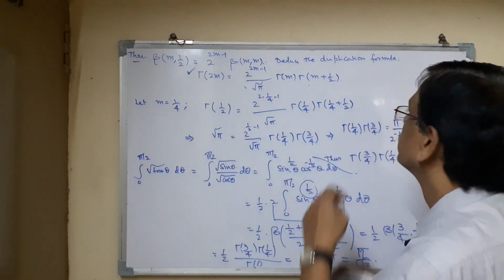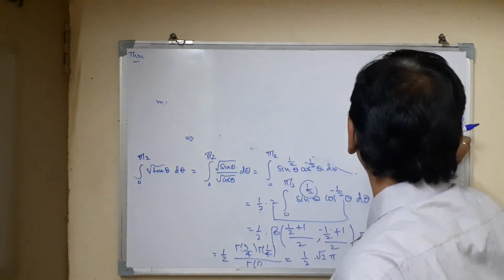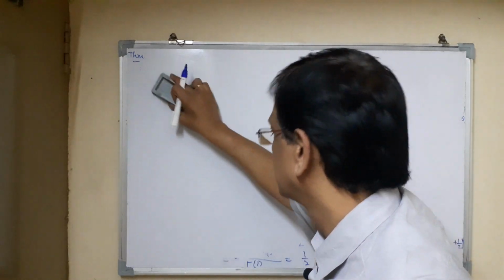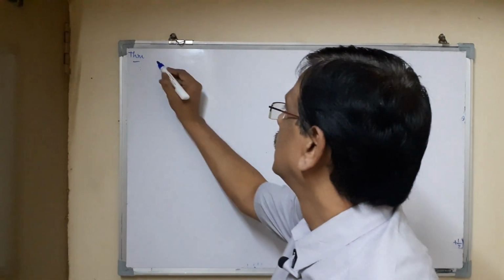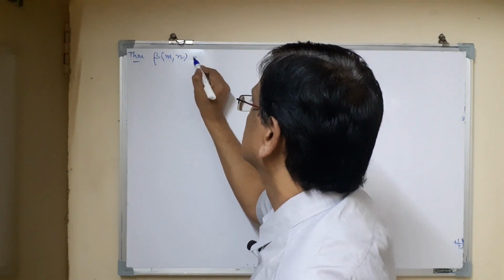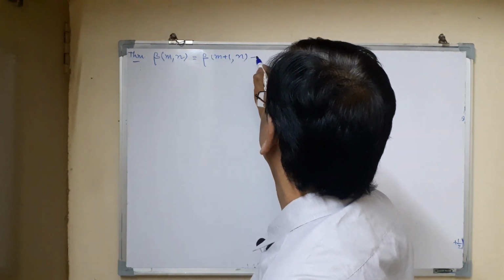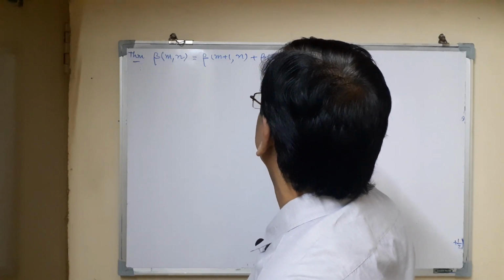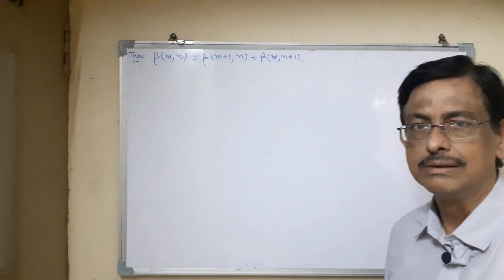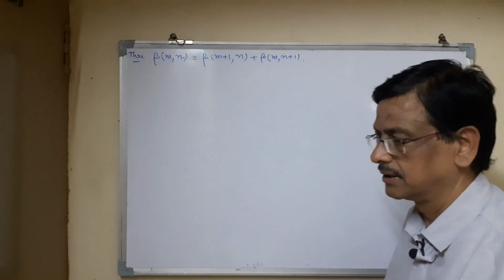After doing this, one more result on beta functions is, you can say a property: beta of m comma n is equal to beta of m plus 1 comma n plus beta of m comma n plus 1. This is also a very useful result to prove many of the definite integrals, in fact.